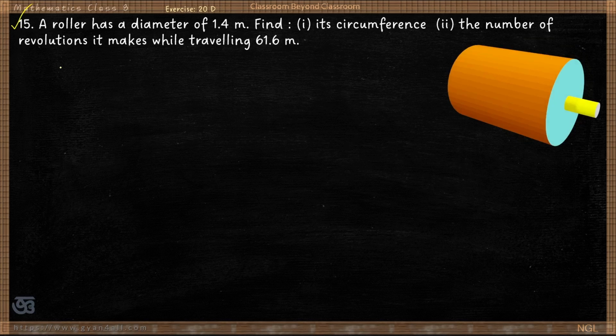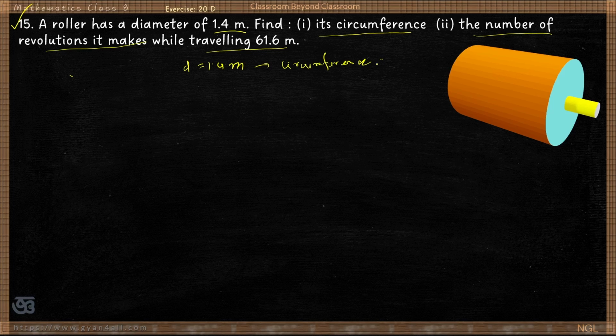Question number 15. A roller has a diameter of 1.4 meter. Find its circumference, and the number of revolutions it makes while traveling 61.6 meter. You see, diameter d is equal to 1.4 meter.